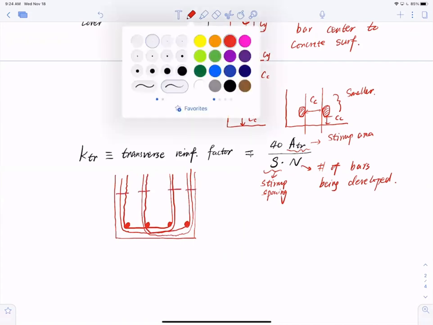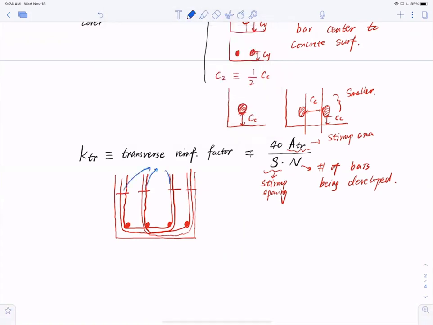So the total area of these 4 legs that are across this section is called A_tr, area of the transverse reinforcement. Now, this is a side view, right?